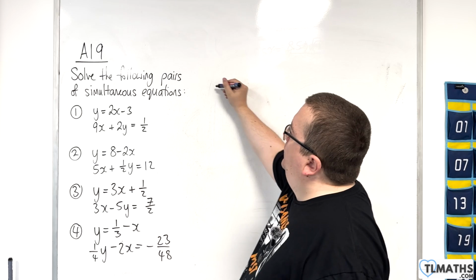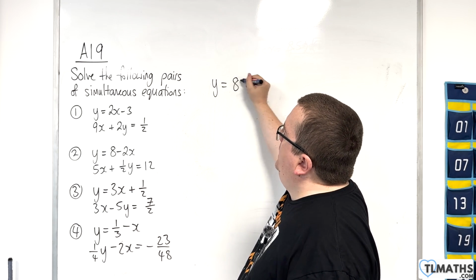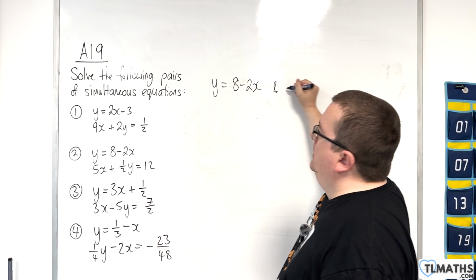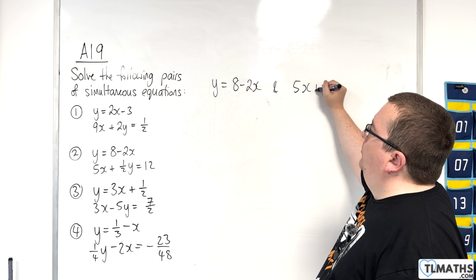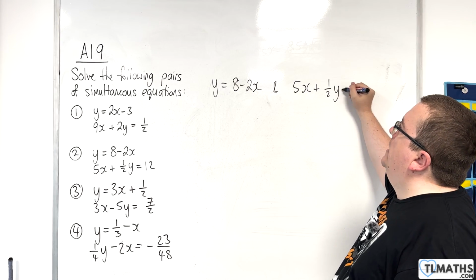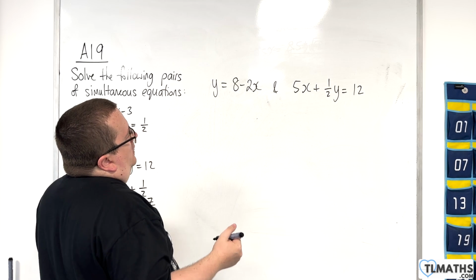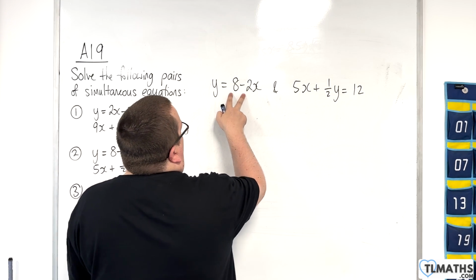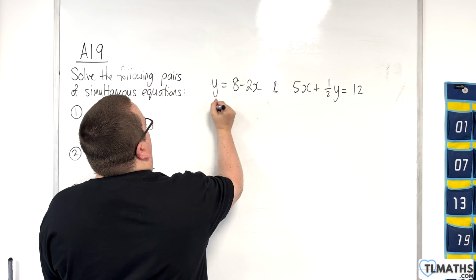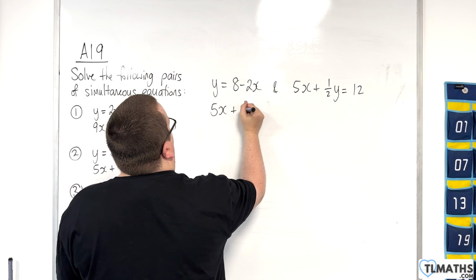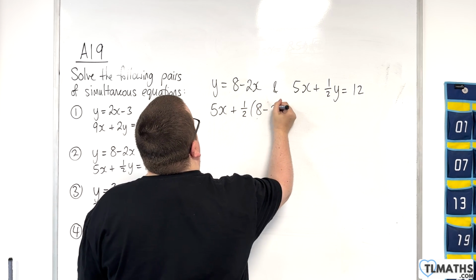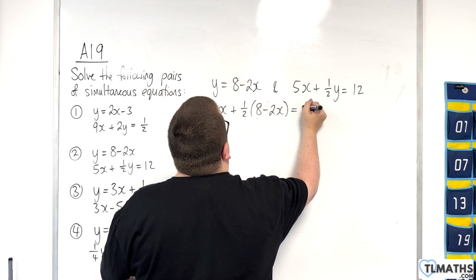Right, number 2, we have y is equal to 8 take away 2x, and 5x plus 1/2 y is equal to 12. So we're going to substitute this one into this one. We have 5x plus 1/2 of 8 take away 2x is equal to 12.